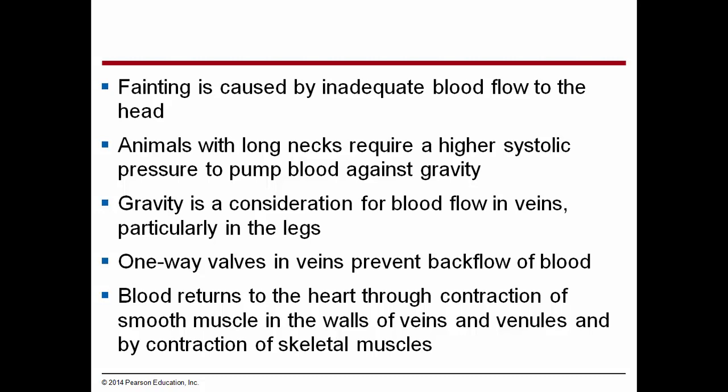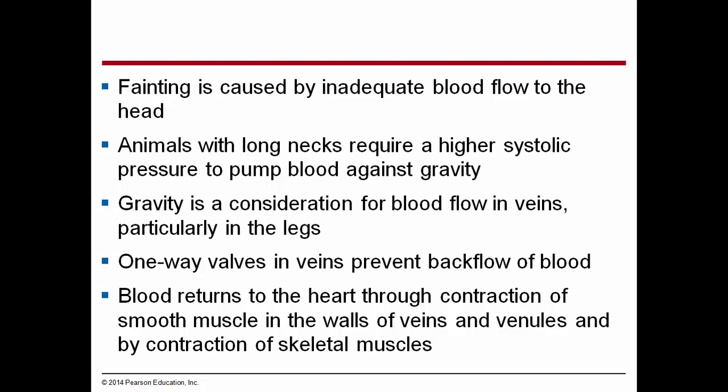Gravity is a consideration for blood flow in veins, particularly in the legs. One-way valves in veins prevent backflow of blood. Blood returns to the heart through the contraction of the smooth muscle walls in the veins and the venules and the contraction of skeletal muscles.